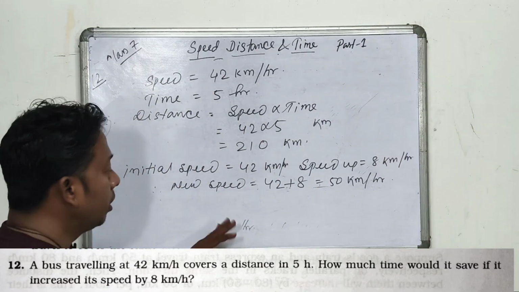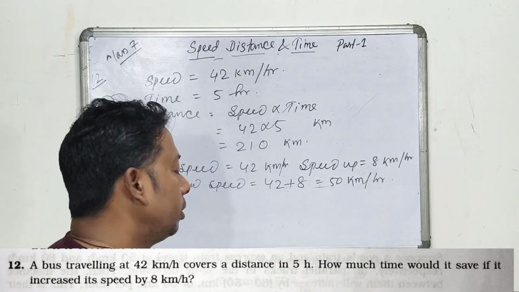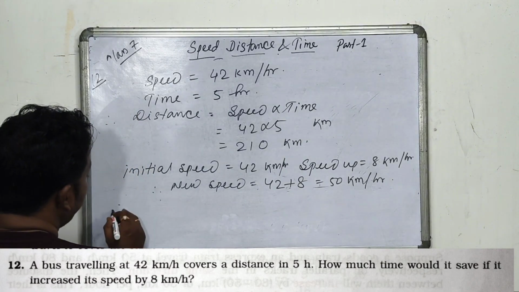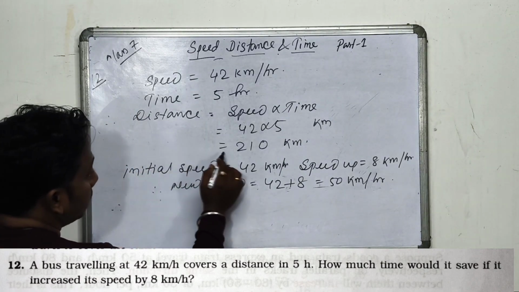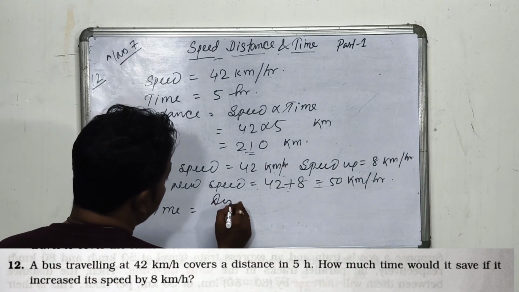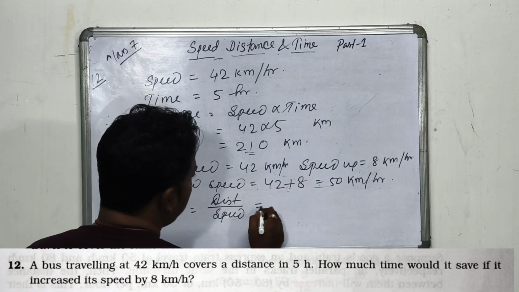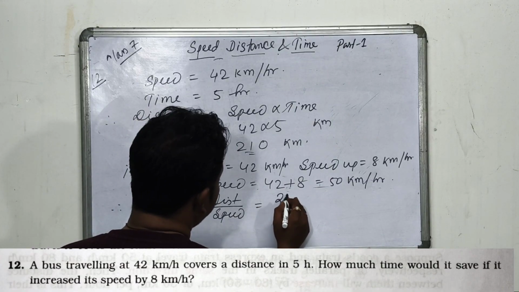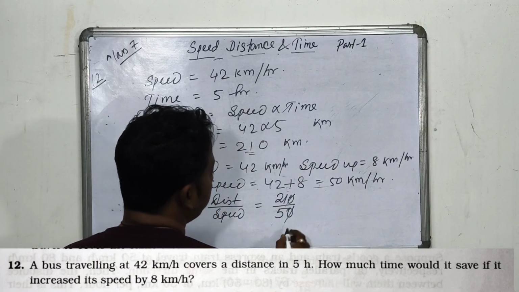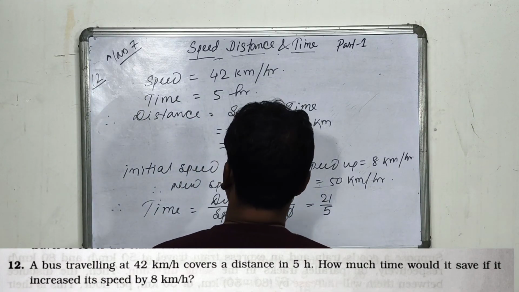First find the time, then we subtract the final time from the initial time, then we get the time saving. So therefore distance is 210, so time equals distance by speed, that is 210 divided by 50, that is 21 by 5.